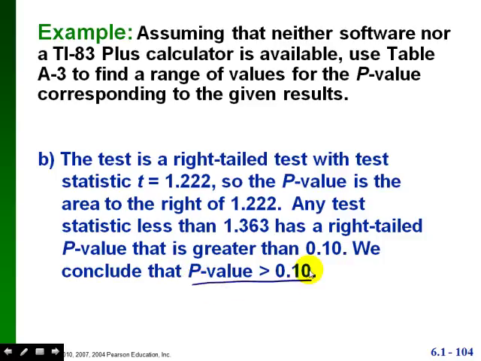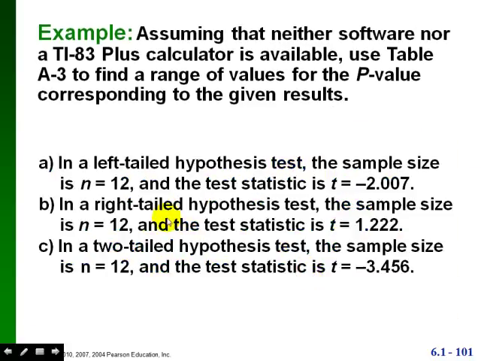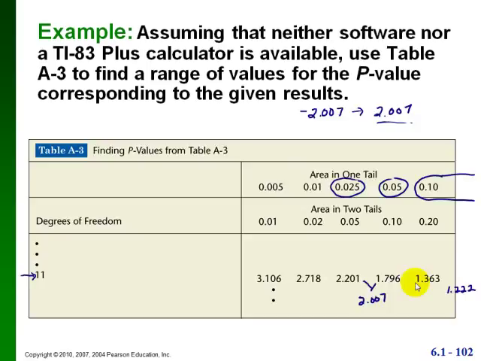And the final one, in this one we have a two-tailed hypothesis test. We still have n equals 12, and this time our test statistic is negative 3.456. And again, we're just going to use the positive value of this because that's what we have in our table. So 3.456 would be, in comparison to these numbers, over here.